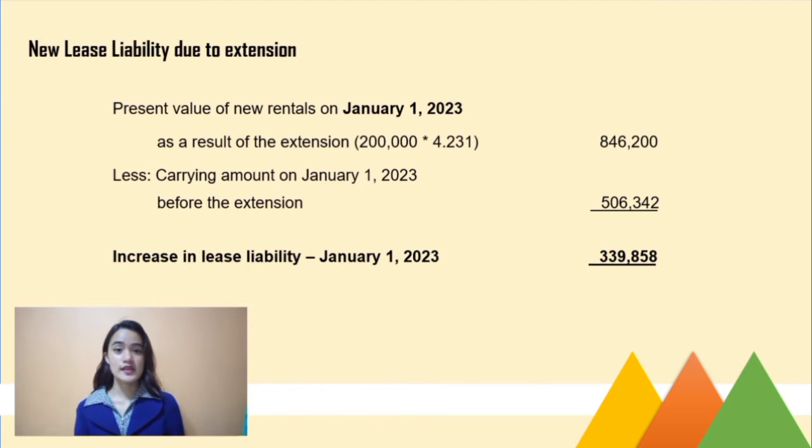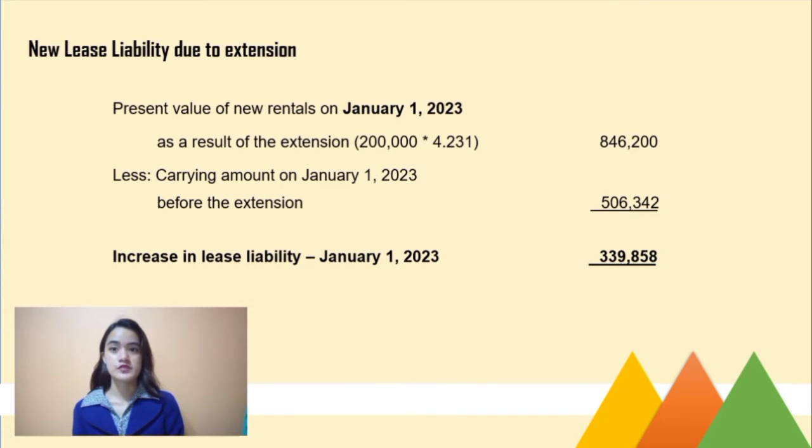So, from that, i-deduct natin yung carrying amount on January 1, 2023 before the extension. So, ito yung natitirang lease liability na pinakita natin kanina dun sa table of amortization. So, ang amount is 506,342 pesos.